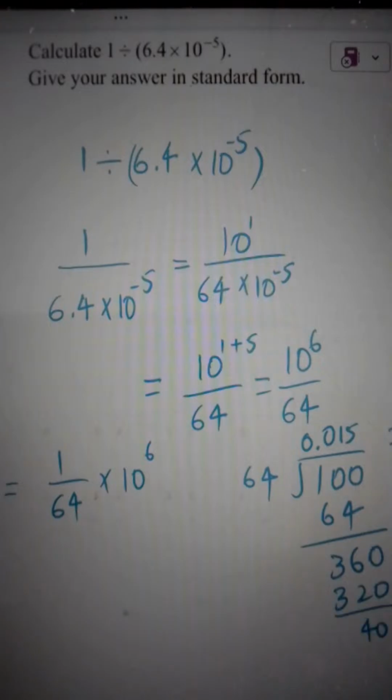So the division continues. The division will never end, I guess. So it is 0.015 multiplied by 10 raised to power 6.